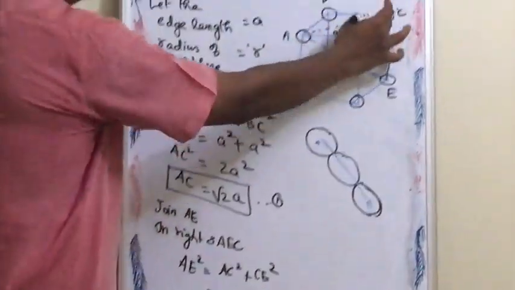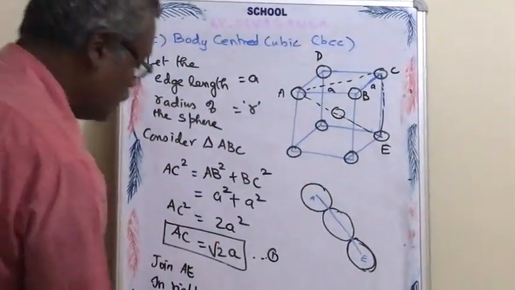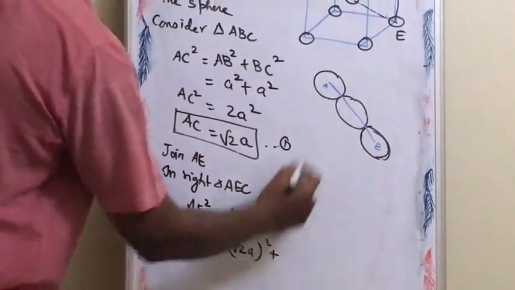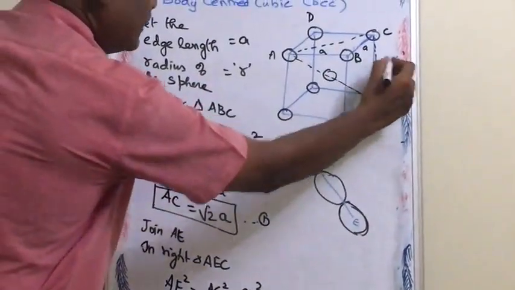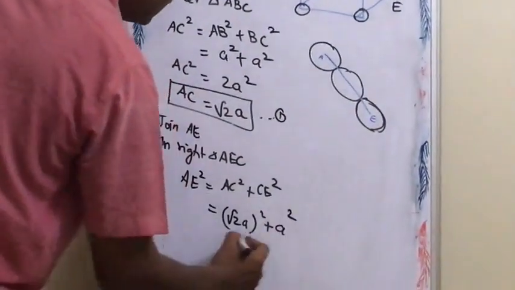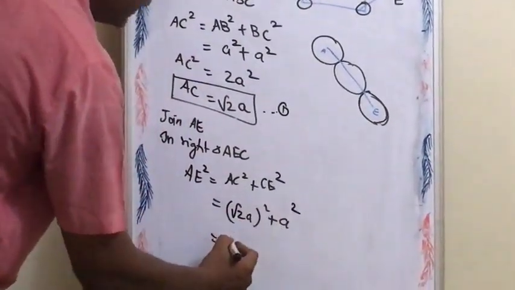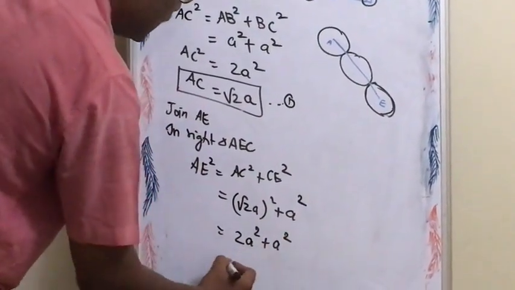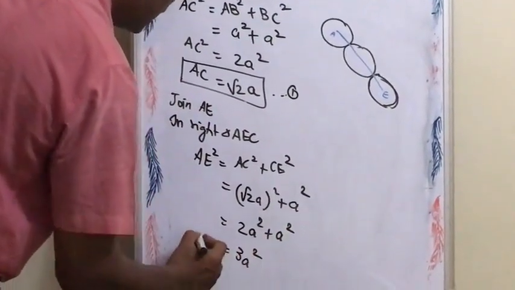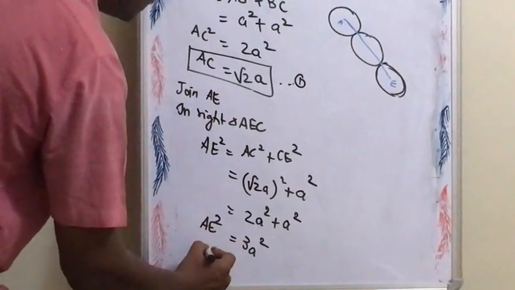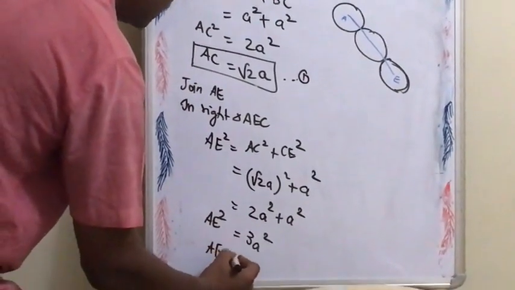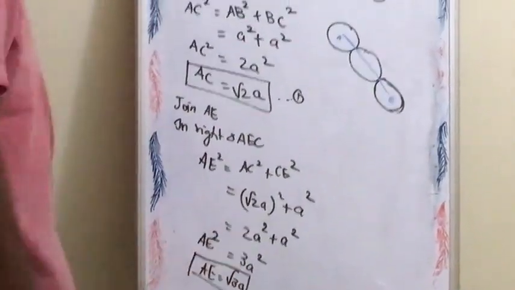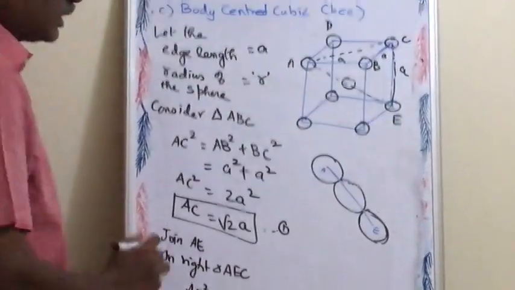What is AC? Now only we calculated root 2 a, whole square, plus what is CE? CE is nothing but edge length, a square. Remove the bracket, so you will get 2a square plus a square, that is equal to 3a square. AE square equal to 3a square. So AE equal to root 3 a. It is very important one.